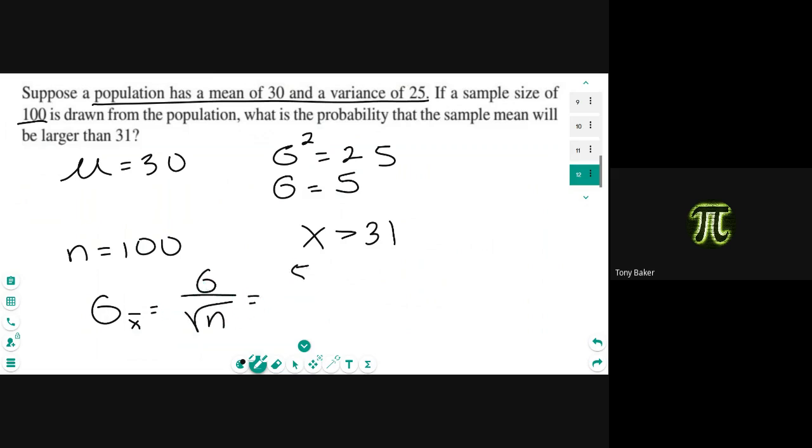So in this case, it's 5 divided by the square root of 100. So what is 5 divided by the square root of 100? Right, or 0.5. For these, decimals are fine.